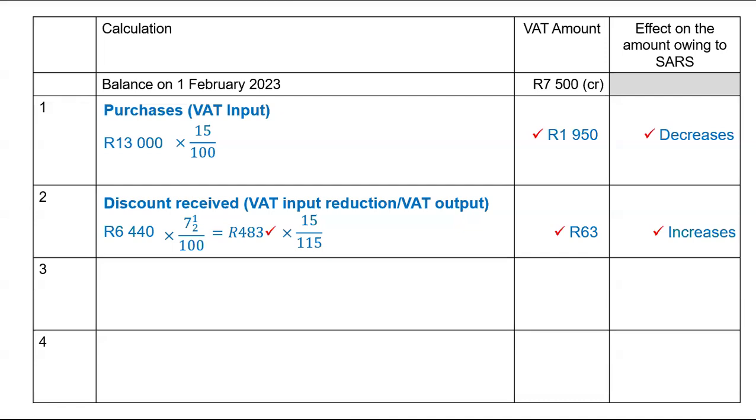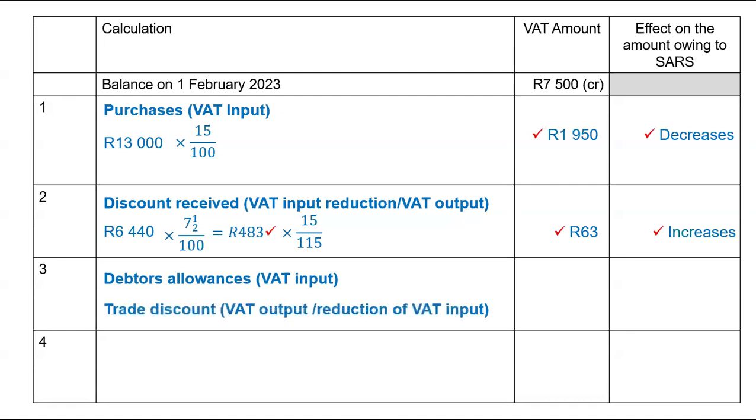All right, I think I have explained enough. Now note that debtors allowances will result in VAT input as I have explained. So VAT input will reduce VAT output, which is what was done, but that was wrong. But we recorded it, and that's a problem. To reverse this, we are just going to correct it by noticing that a trade discount will result in VAT output.